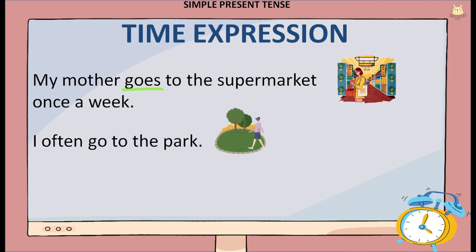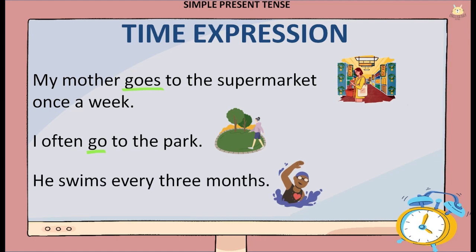Next, I often go to the park. Our time expression in this sentence is often and our verb is go. And lastly, we have he swims every 3 months. Now in here, our time expression is every 3 months and our verb is swims.